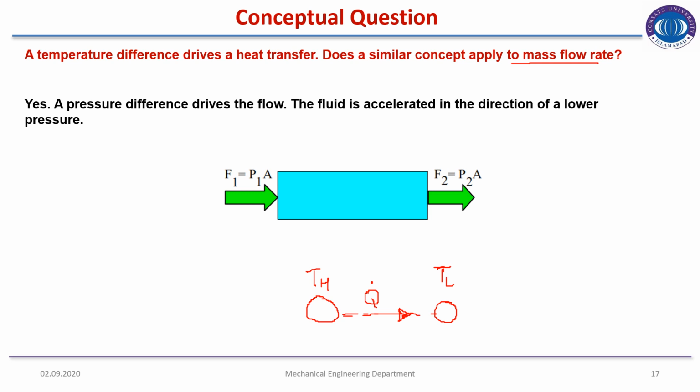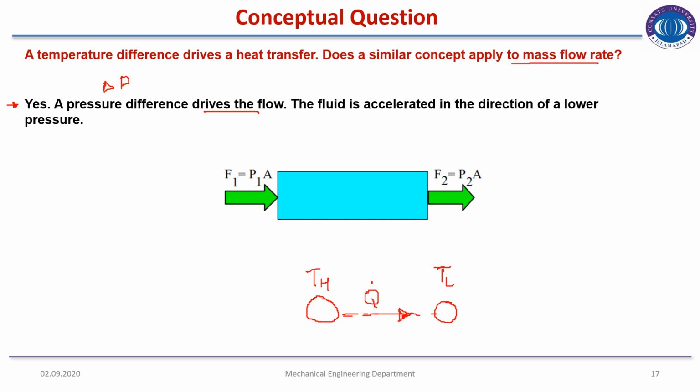That question was asked in the previous lecture by a student, so I have decided to incorporate it in the lecture as well. So the answer is yes, a pressure difference drives the flow. So pressure difference delta P is responsible for the flow driven system. The fluid is accelerated in the direction of lower pressure.